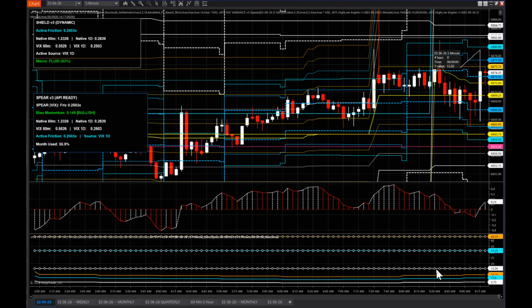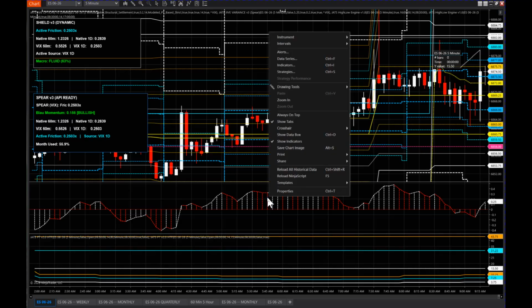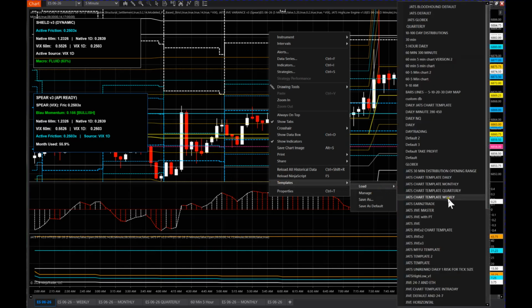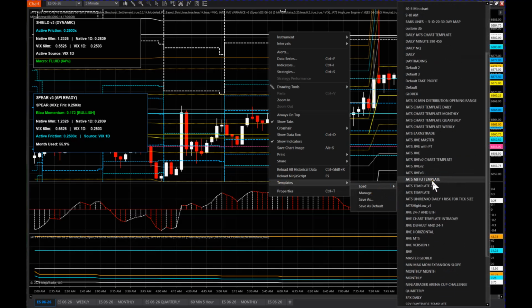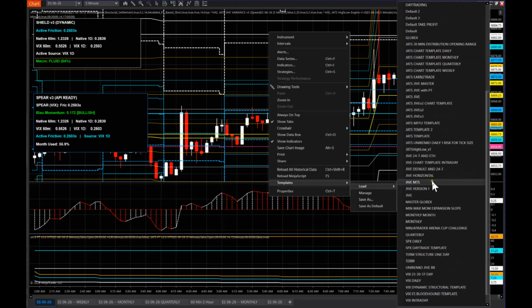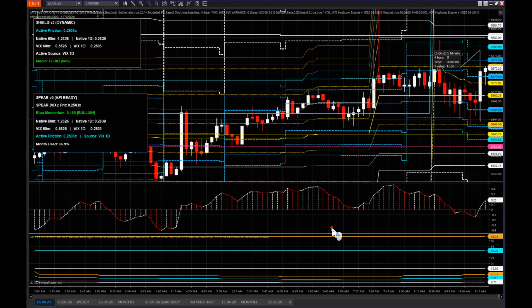And I'm going to let you go. There's a lot more I can show you, but I'll give you some chart templates to start with. And like I said, it's just a matter of clicking your chart and loading one of the templates that you've saved. You can save them yourself, create a template and save it, and then come back and use it.